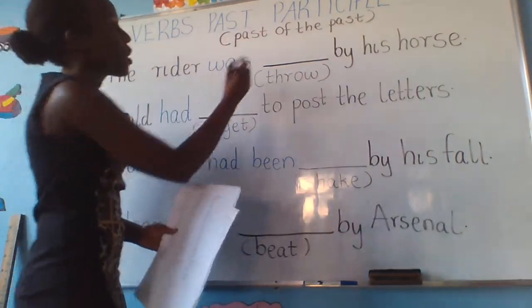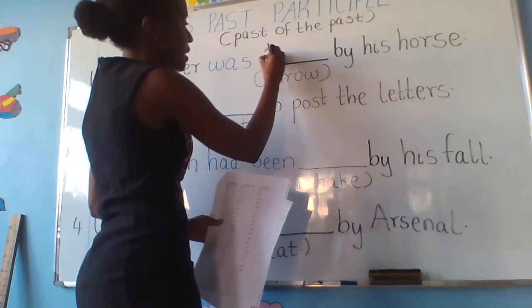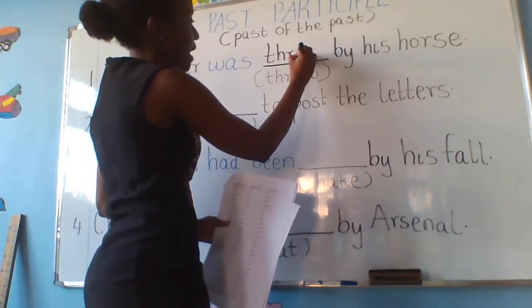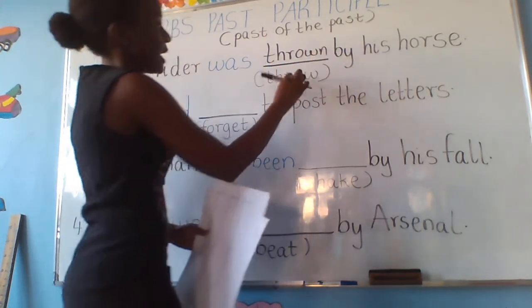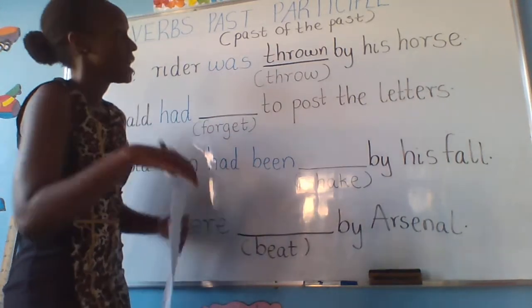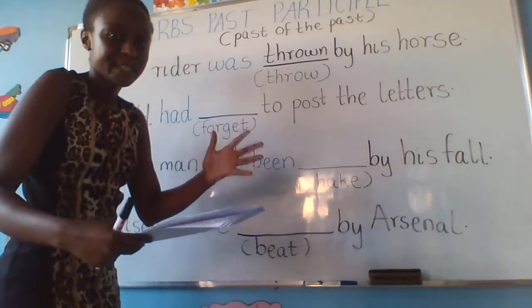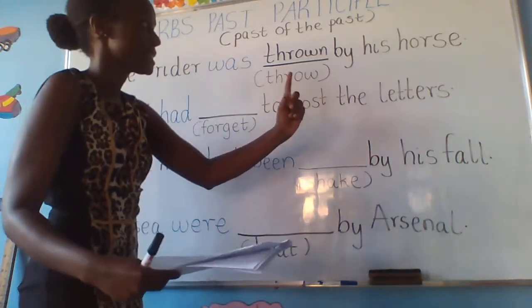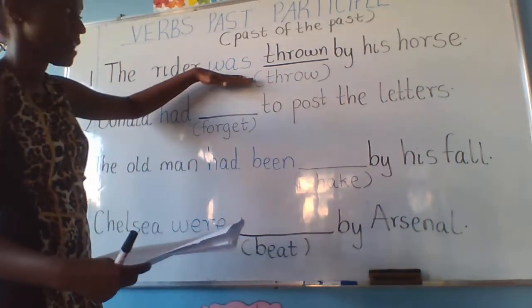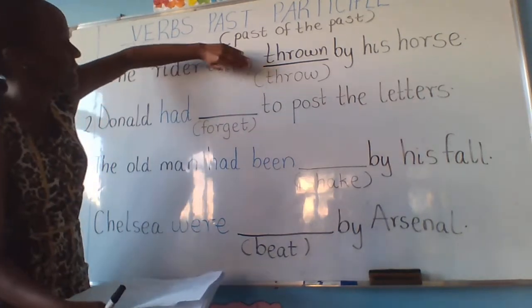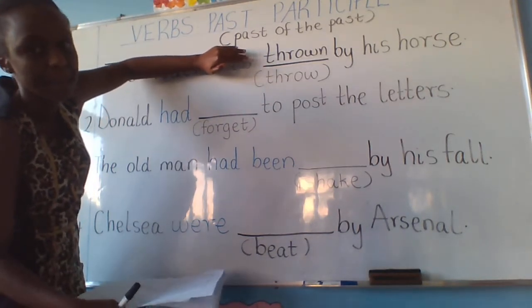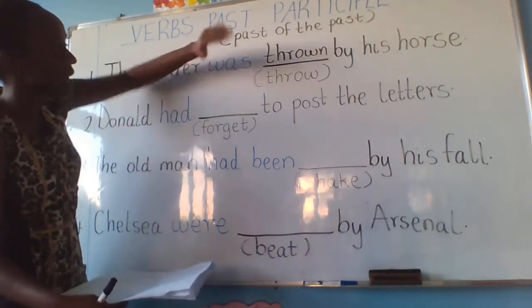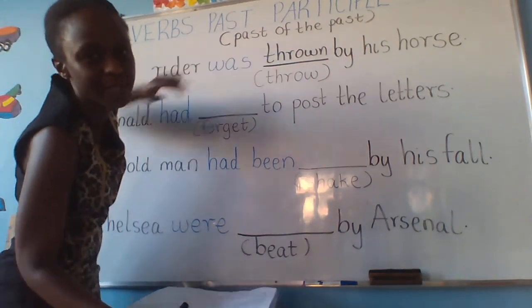The rider was, so the answer here is thrown, because we have to change this verb into past participle. You have to practice. Throw, threw, thrown. But for past participle, we must have this helping verb. Just imagine saying the sentence without the helping verb: the rider thrown by his horse.